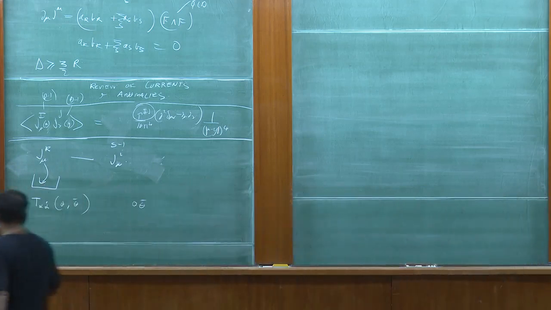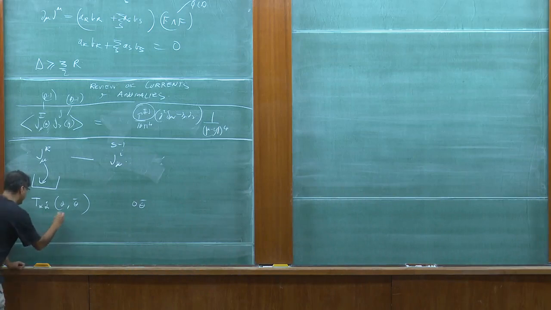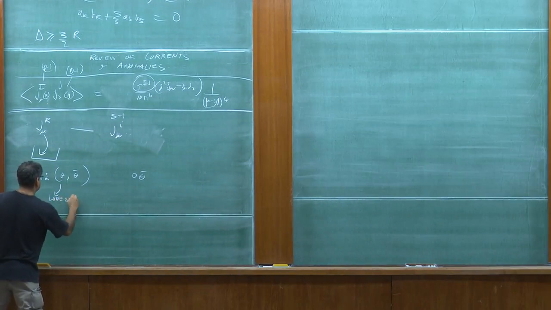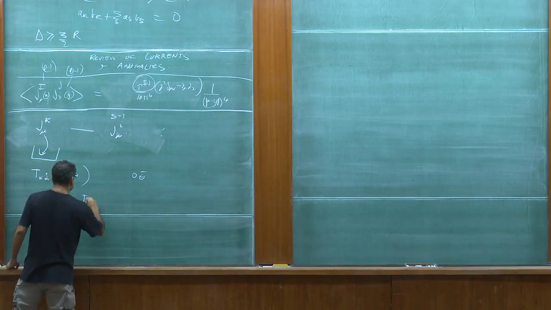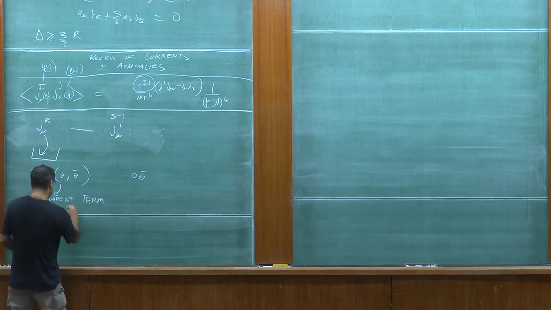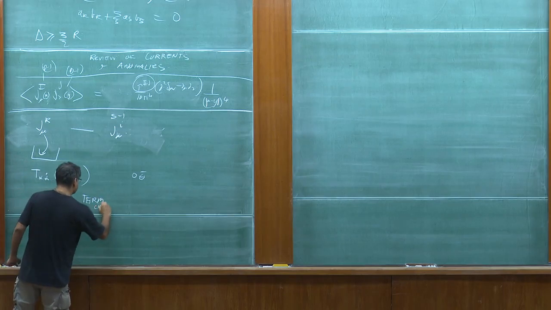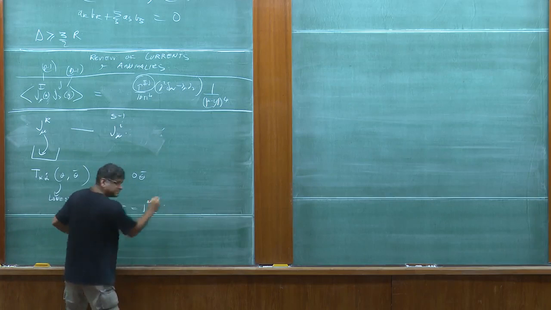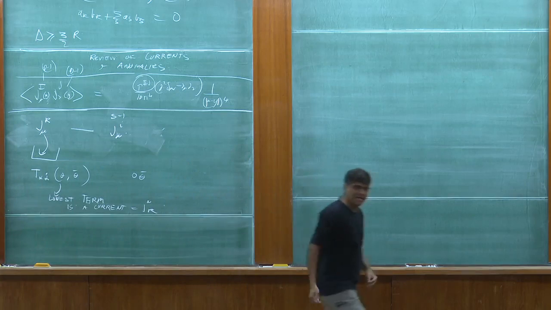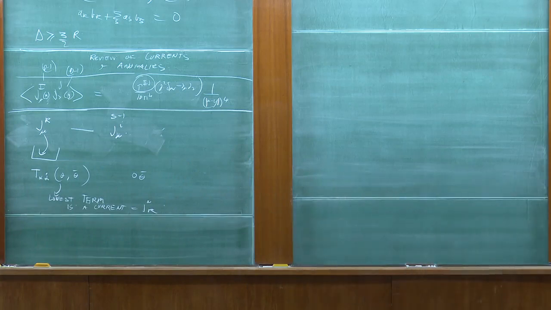So if you take this multiplet, the lowest term, the bottom of the multiplet, is a current which is J mu R. And the terms that appear higher up in this expansion include the stress tensor.